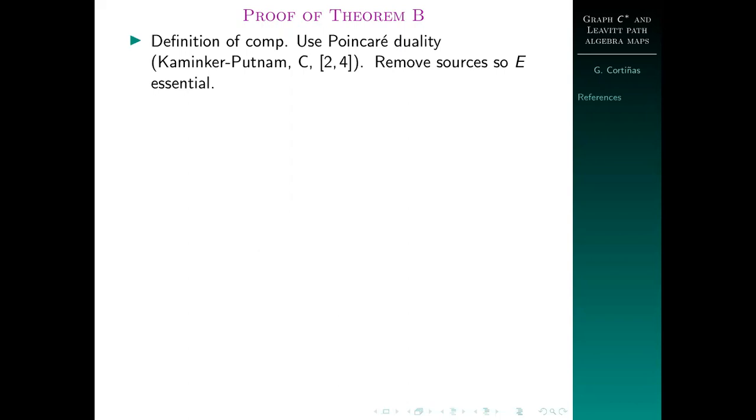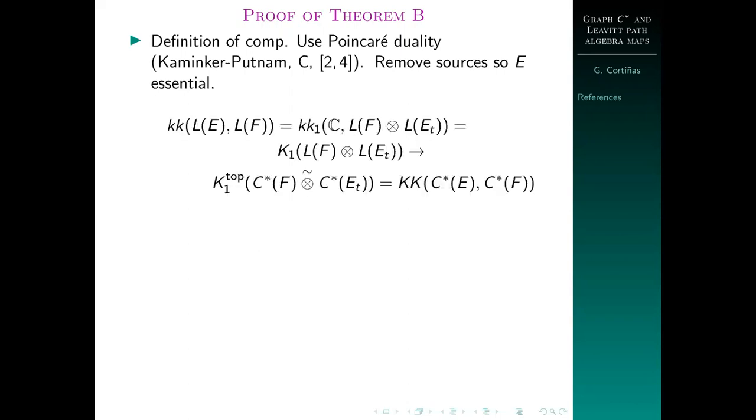So both the s map and the r map must be surjective. But this is not a problem, because removing sources does not change the Morita equivalence class, and Morita equivalent algebras are isomorphic in the bivariant K-theory. So this is not a problem.